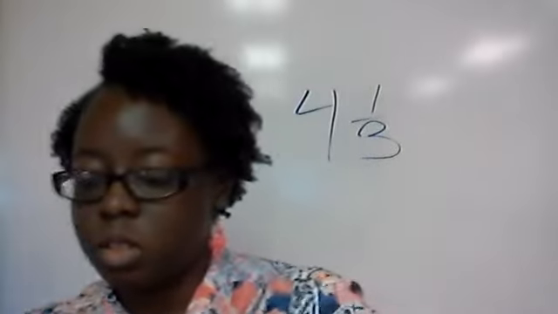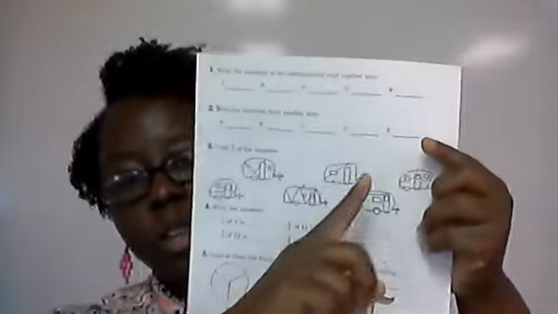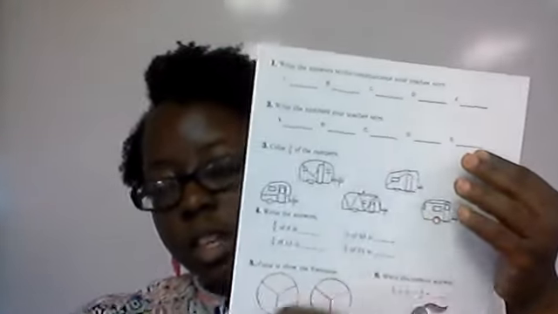So let's count them. We have 1, 2, 3, 4, 5, 6. So we have 6, and this 6 was divided into 3 different parts.